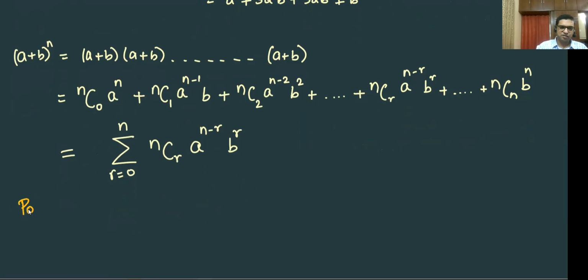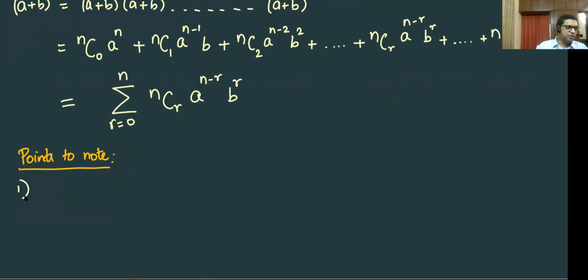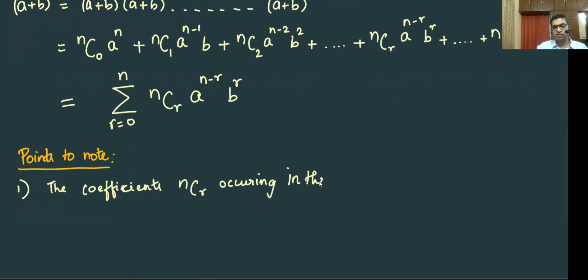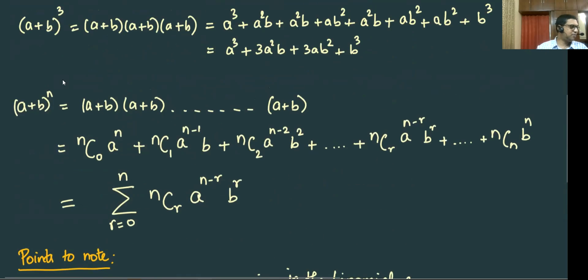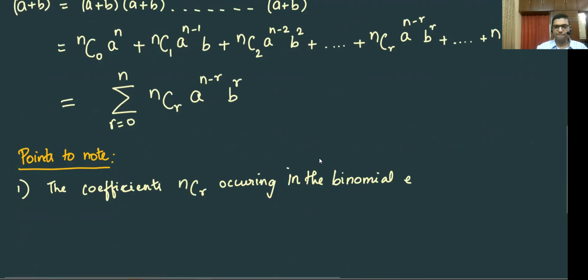Now, points to note. The coefficients nCr occurring in the binomial expansion of a plus b whole power n are called binomial coefficients.